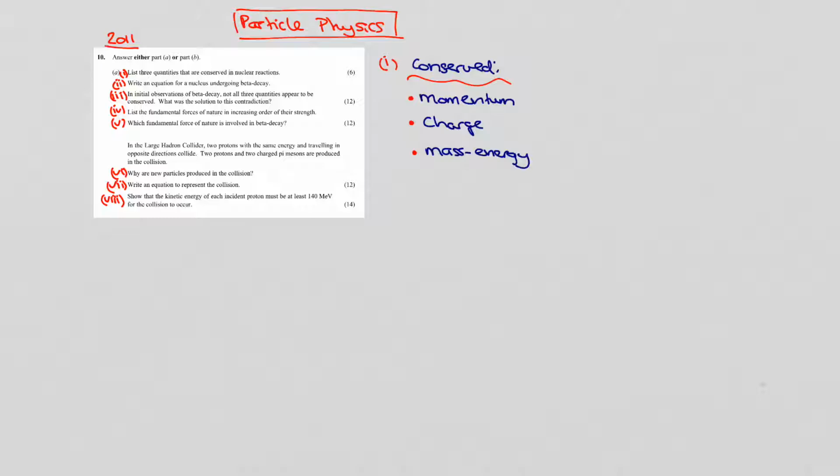So the next one is we have to write an equation for a nucleus undergoing beta decay.